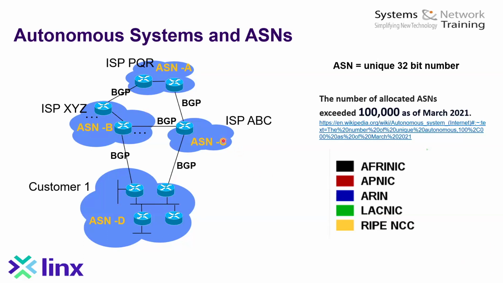So, for example, if ISP ABC is peering with ASN B over here, when ASN B or ISP XYZ advertises its routes, then the routers in ISP ABC will see them as coming from ASN B. So the autonomous system number provides a rudimentary identification for a given organization's routes, so that they can be advertised and seen in the internet, and we can see who routes are being advertised from.